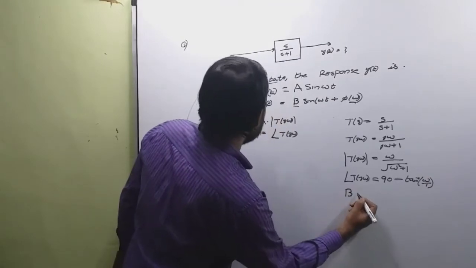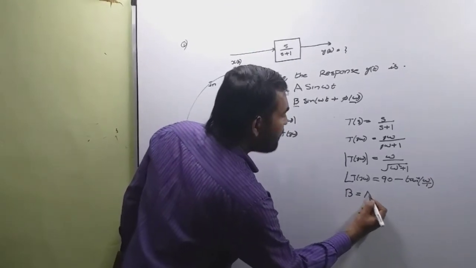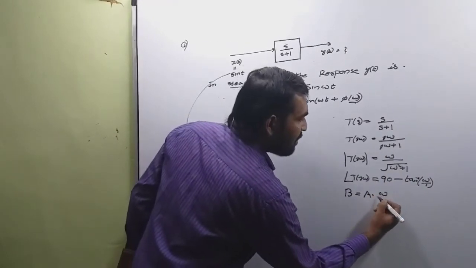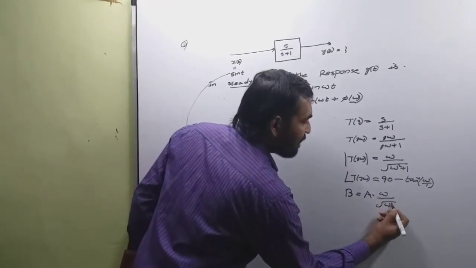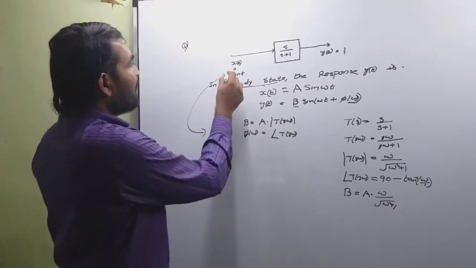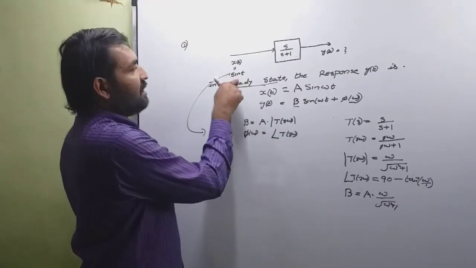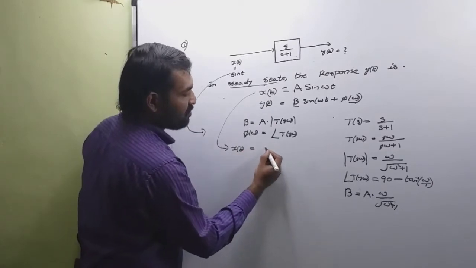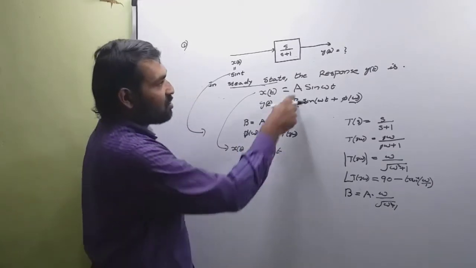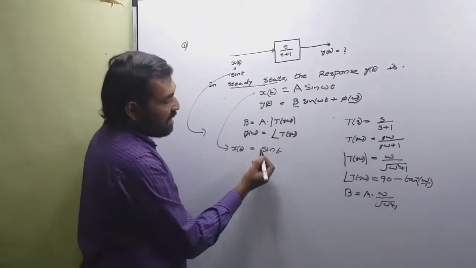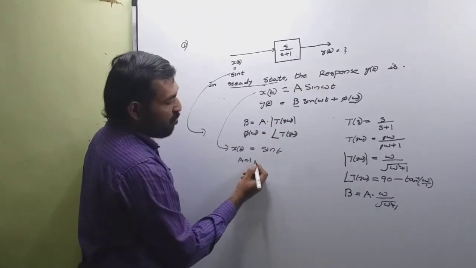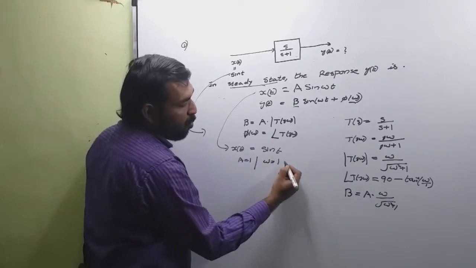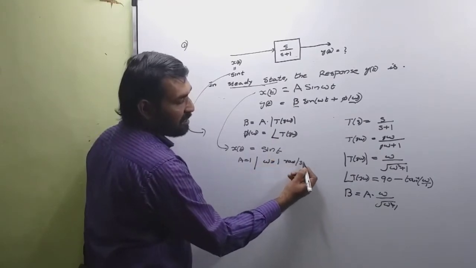B is equal to A times this quantity, that is omega divided by root of omega square plus 1. Here x of t is equal to sin t. So comparing with the standard equation, A is equal to 1 and omega is equal to 1 radian per second.